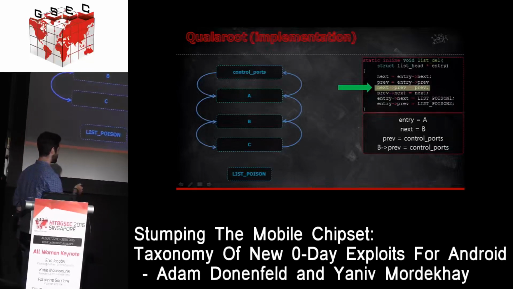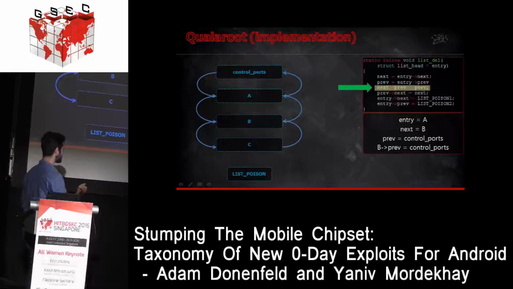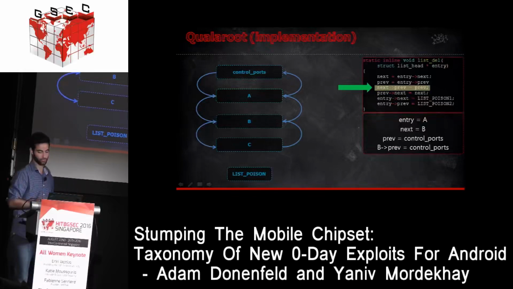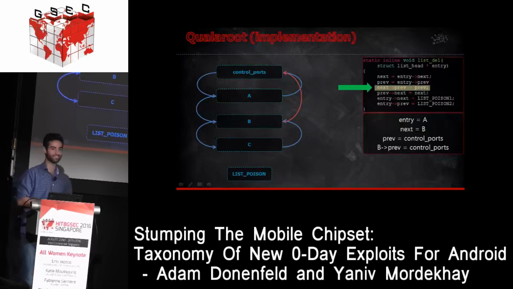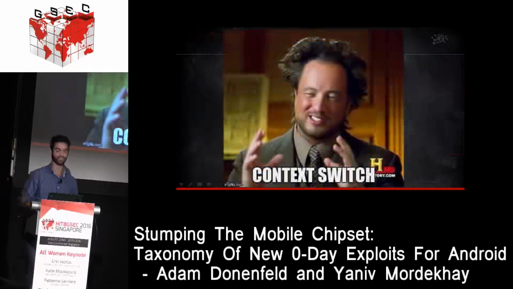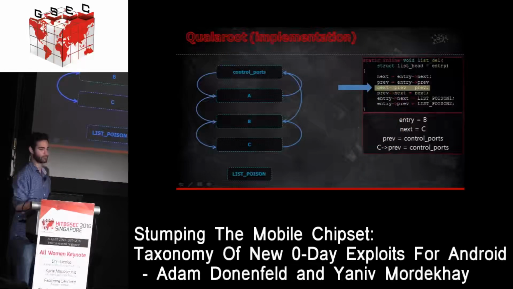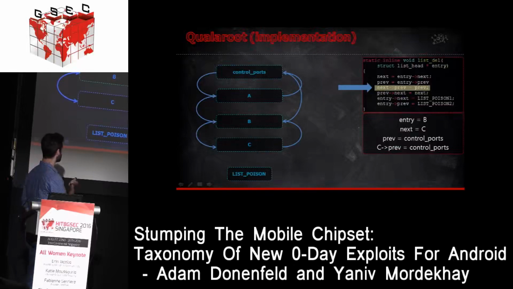As you can see, for example, here we take A's next, which is B, and we set B's prev to be A's prev. So B's prev equals control ports. Now, since there is no lock on the list, there might be a context switch. And now we're going to remove B while preserving the modification that happened in A's context.